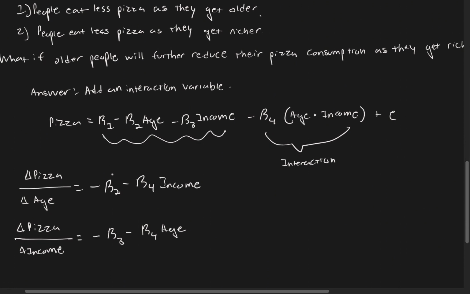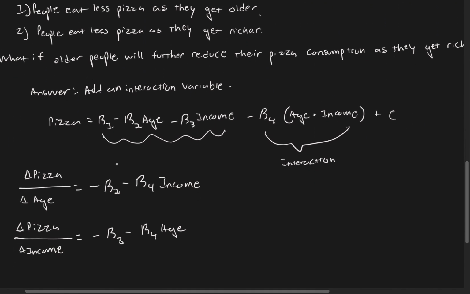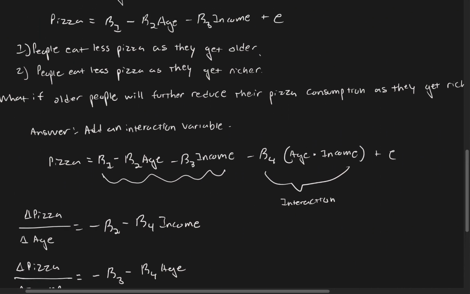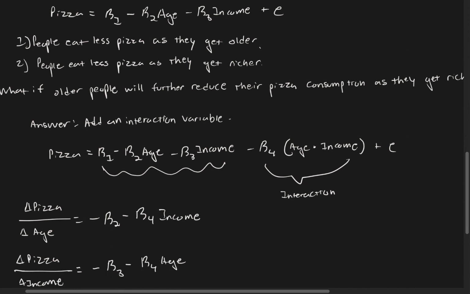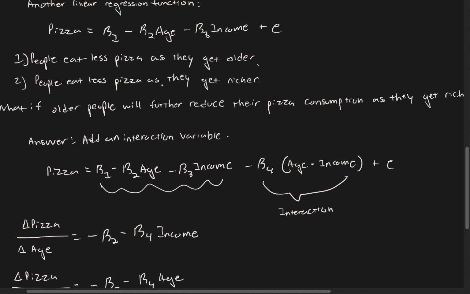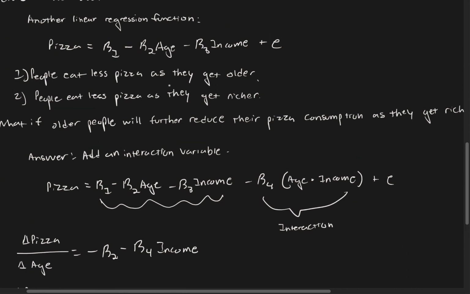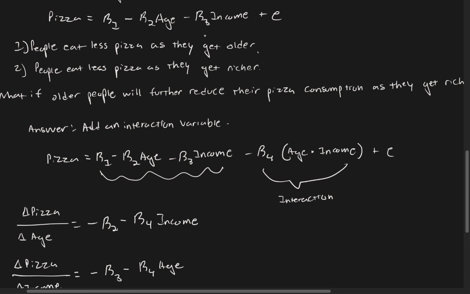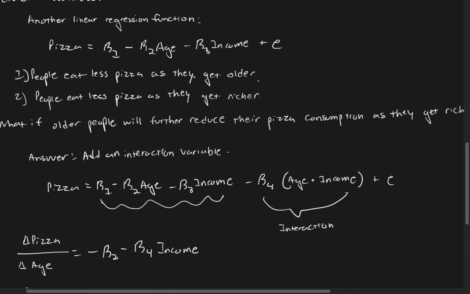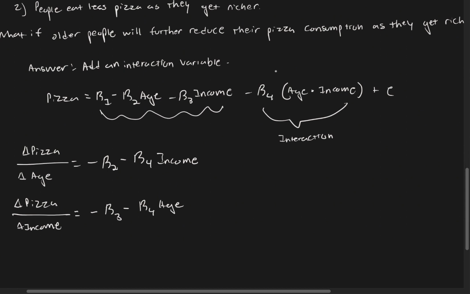So when we're measuring the slope of age and income, or a change in y, in this case pizza, with respect to age or income, we have to use the partial derivative rule. Let's say we want to find the change in pizza with respect to age, then it would be minus beta 2 right here, and we would disregard this term because it doesn't have an age variable.